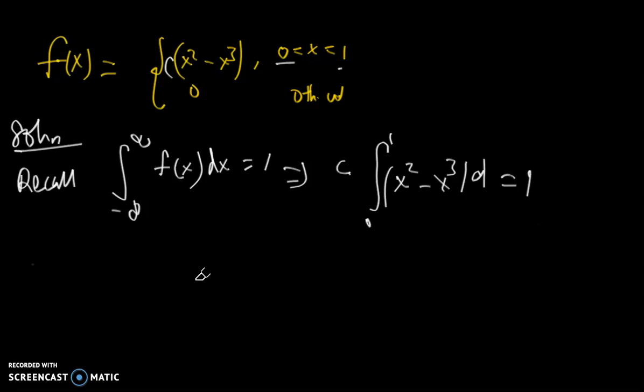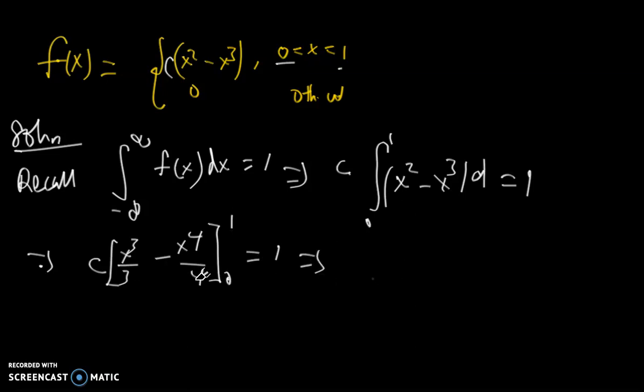If we integrate this, we get c into x cubed by 3 minus x power 4 divided by 4, from 0 to 1, and this must be equal to 1.